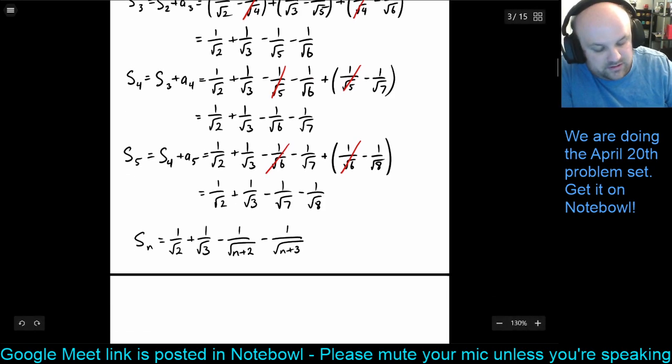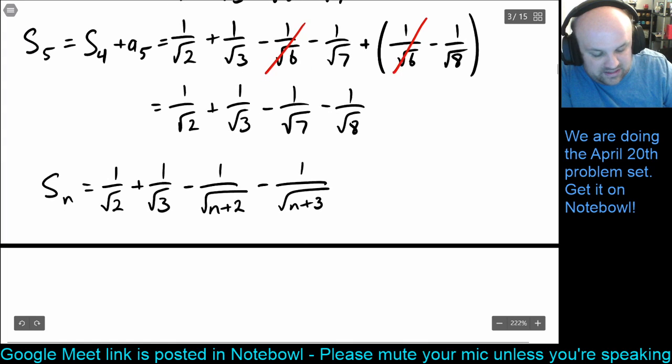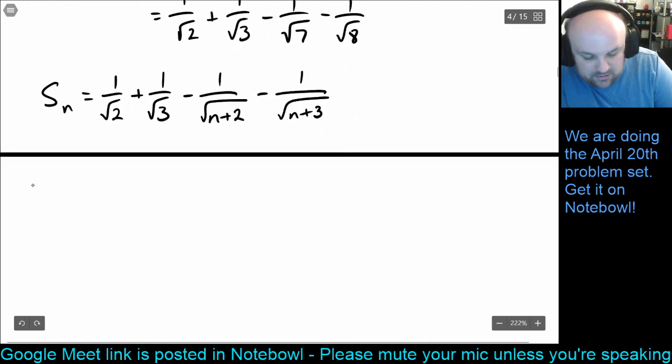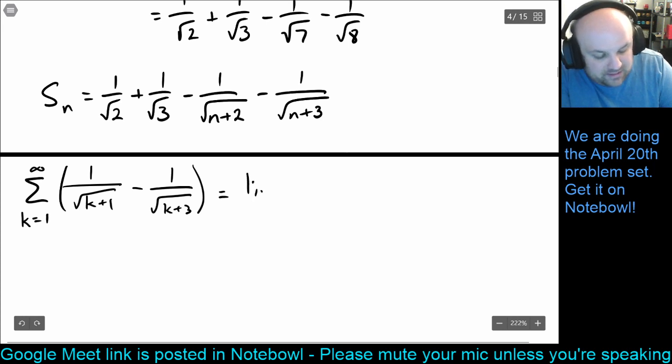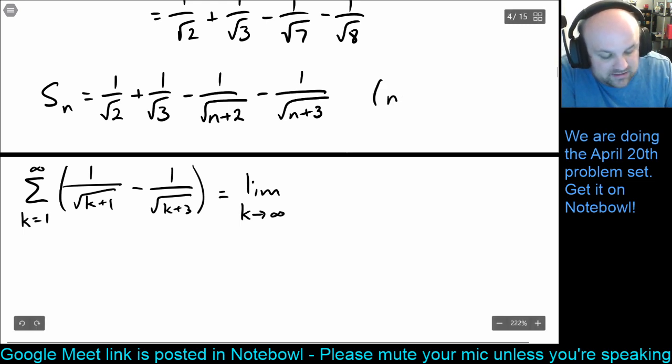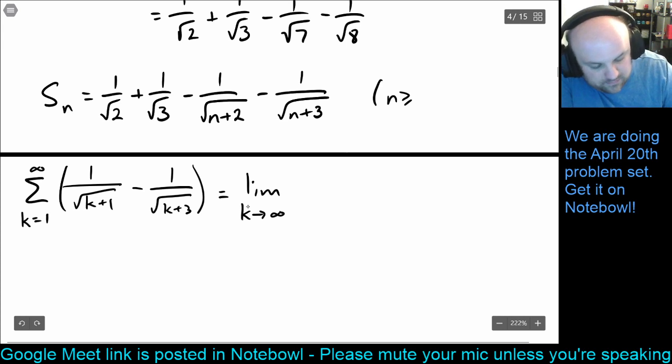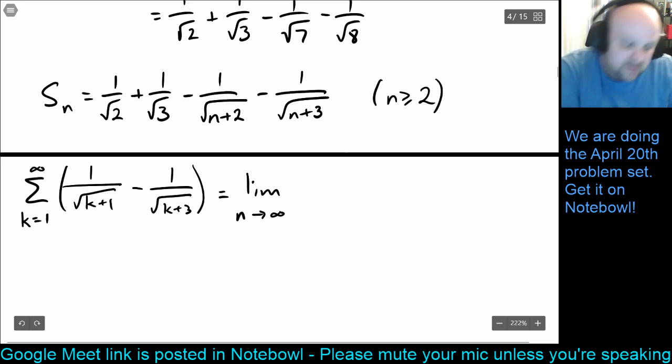So the limit of Sn, so this sum that we have from k equals 1 to infinity of 1 over square root of k plus 1 minus 1 over square root of k plus 3, is going to be the limit as n goes to infinity. Let me point out again, this is valid for n greater than or equal to 2, but that's fine.